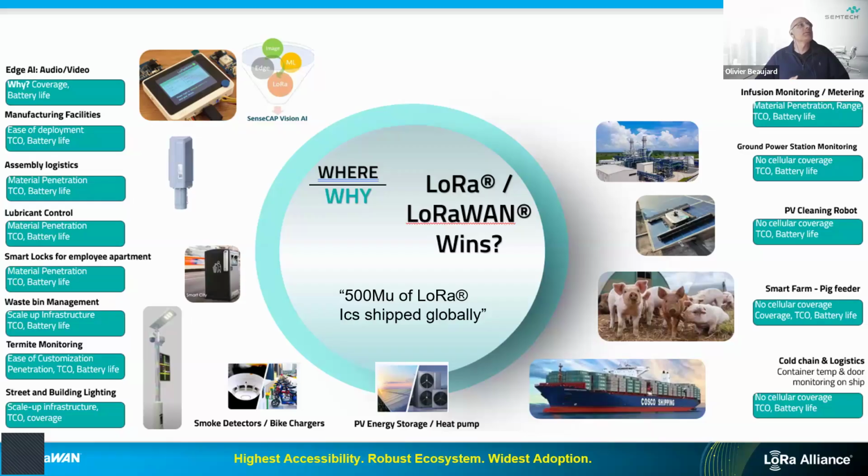That's the number one reason. Number two will be the very good performance of the radio. That means the radio is penetrating the material, so you can have sensors under concrete, under the wall, or behind the wall that can be reachable.